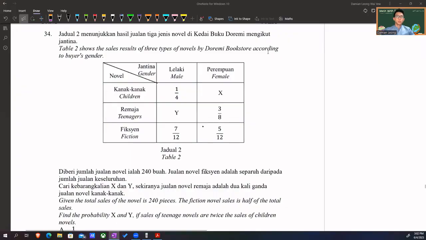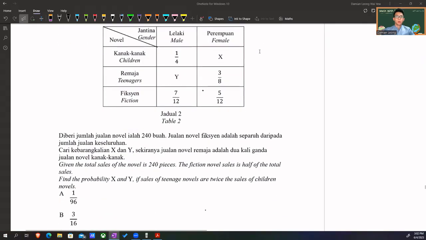So question 34 here. I have total sales of novels, 240 pieces. Fiction novel sales is half the total sales, which means 120 for fiction.